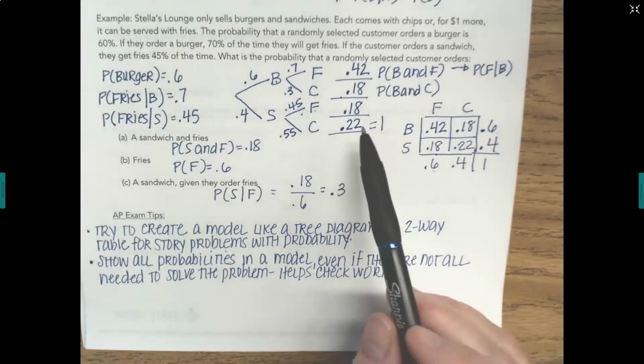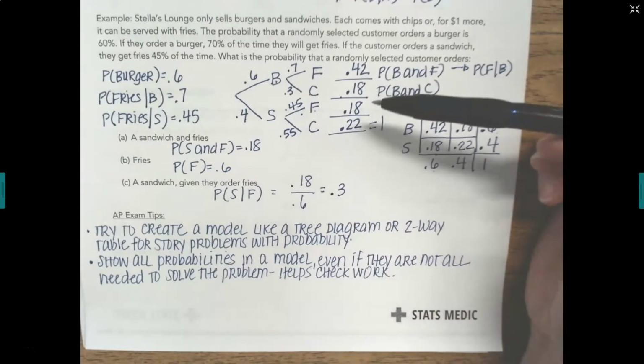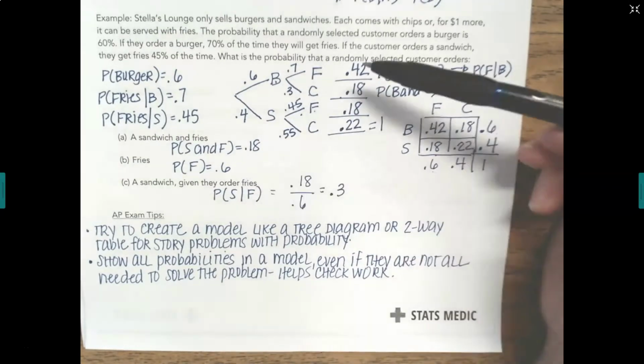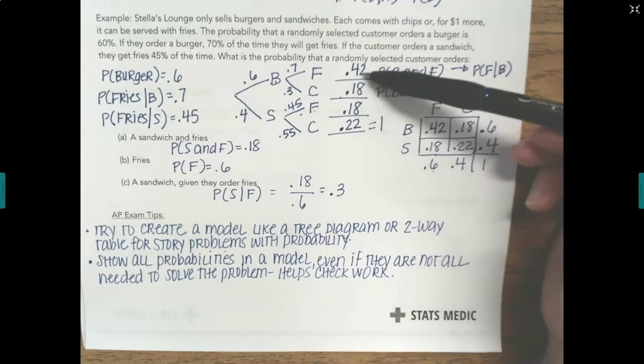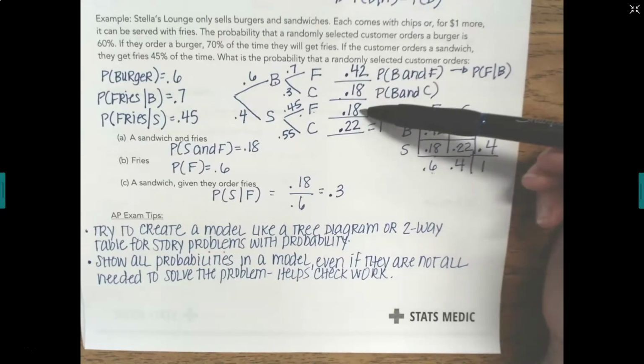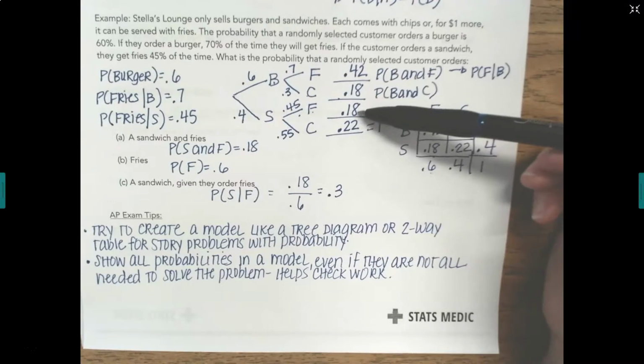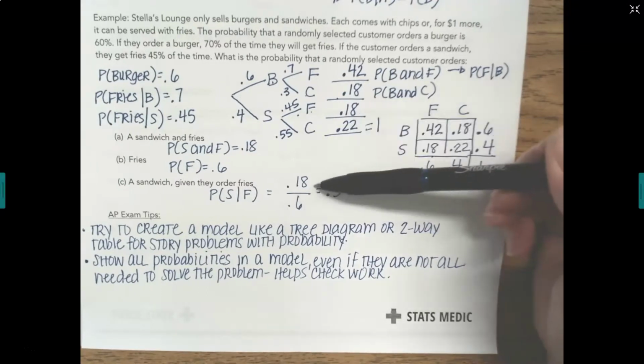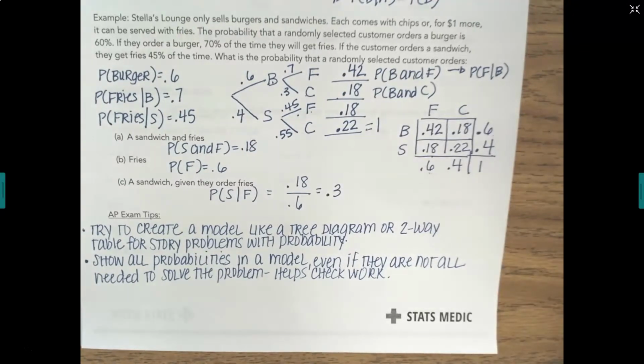Going about this from the two-way table, given that they order fries, that's our 0.6 from here. Of these 0.6 people, which ones ordered a sandwich? That'd be the 0.18, and it still divides down to the 0.3.